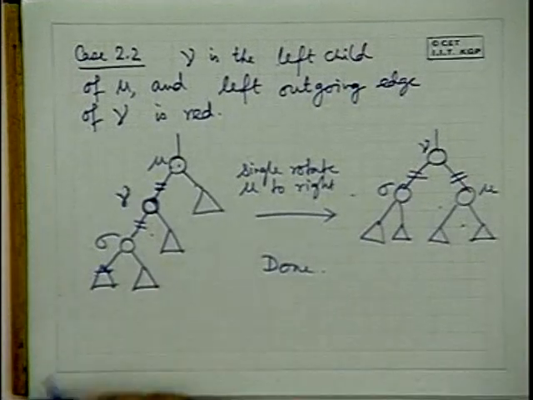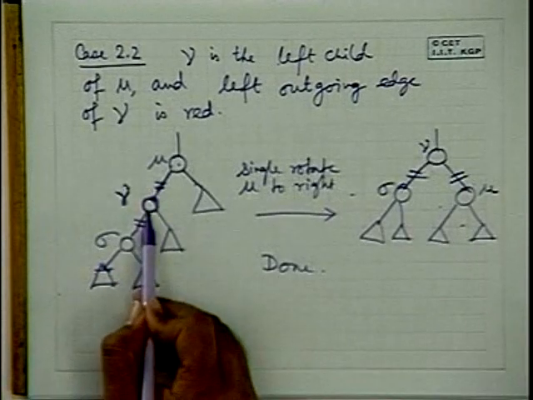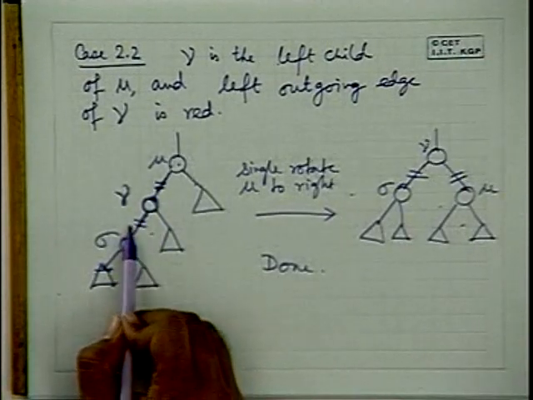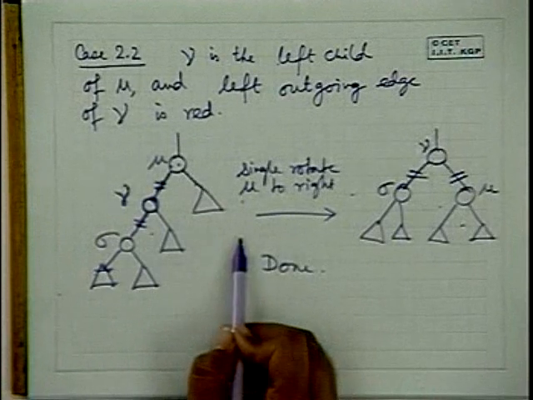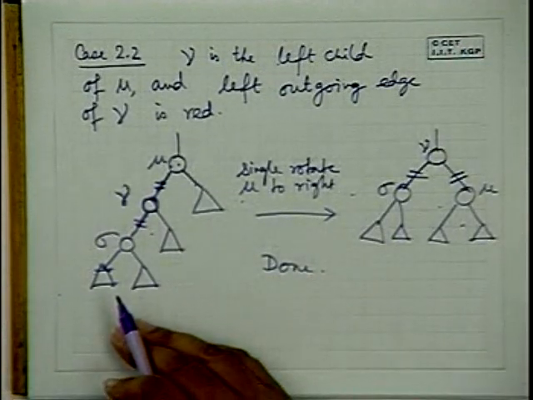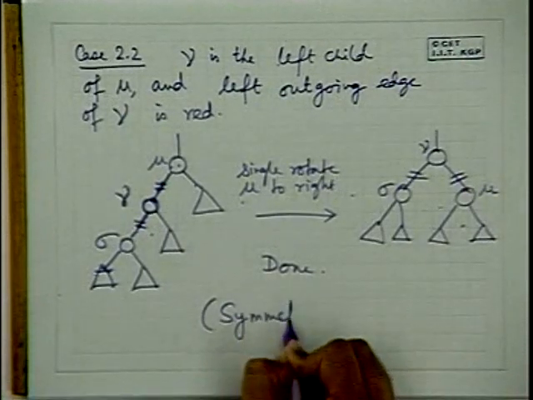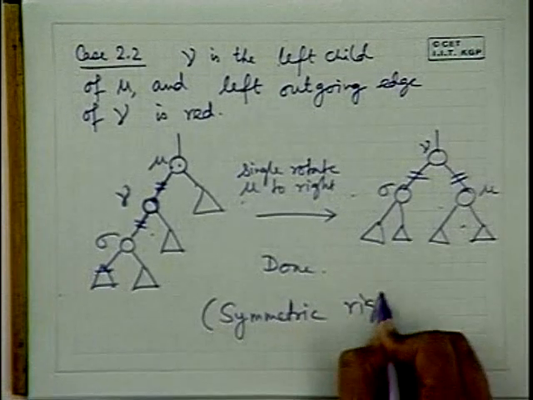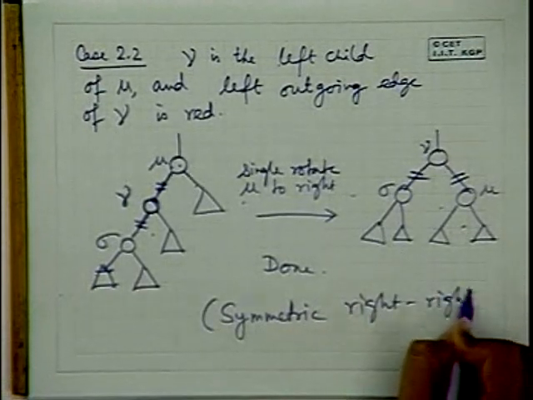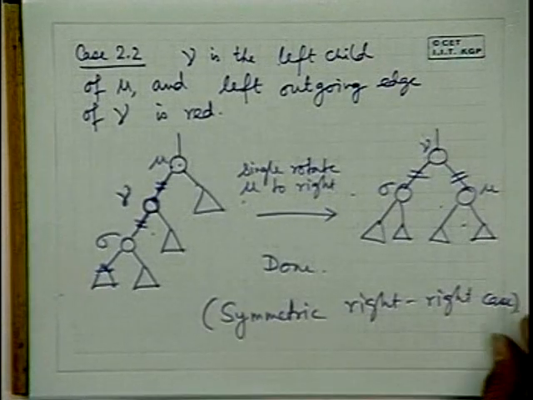There is a symmetric case where it is a right case. Like this is a left, this is a left. There is a symmetric case where this one is right, this one is also right, where both are right. And you just do the opposite rotation, left rotation, and this will be fine.